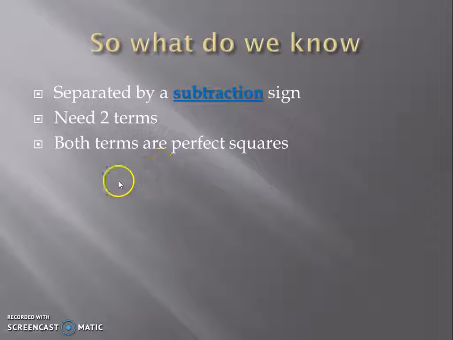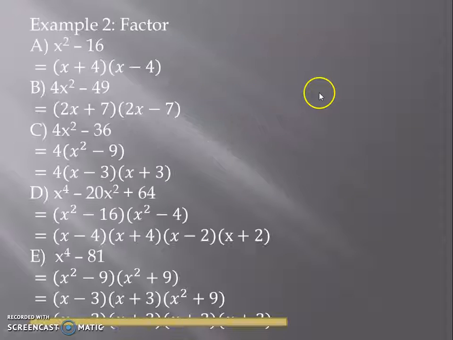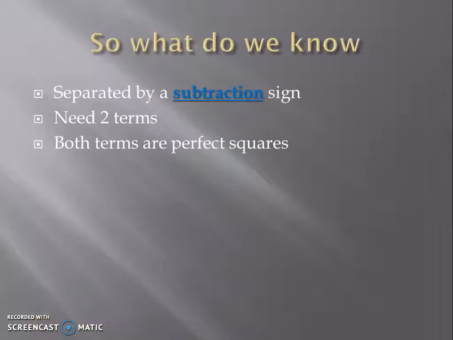So what do we know from difference of squares? Well, they have to be separated by a subtraction sign, because we want the two numbers that come out of this to be two different numbers, even though they look the same, one has a negative and one has a positive. We need at minimum two terms, and both terms are perfect squares.